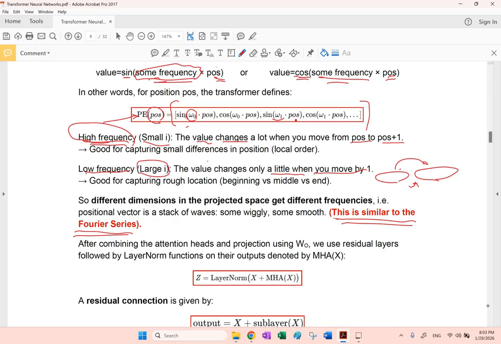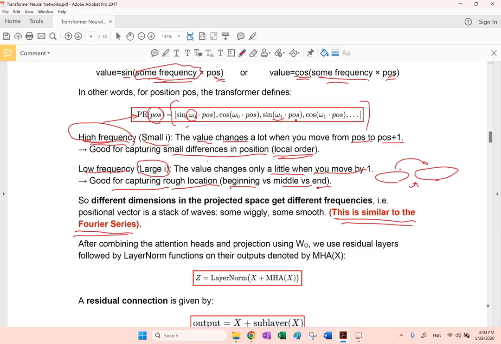So high frequencies are good to capture local order or small differences in positions. Low frequencies are good for capturing rough locations, like beginning or middle versus the end. This one gives you that you move from 3 to 4 or 4 to 5.